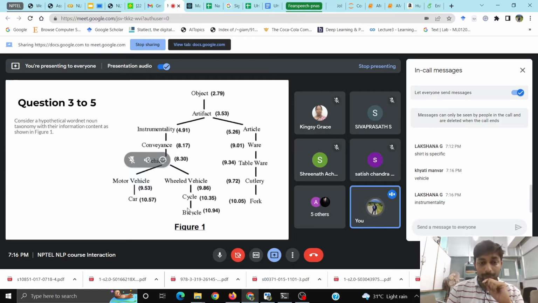So what is the basic logic here? Usually the graphs are small here, but if the graph is large or there is no clear answer, then what you have to do is traverse back from the given word. So cycle will go to wheeled vehicle, and here also we can make one back option and just go until you can reach the common node.